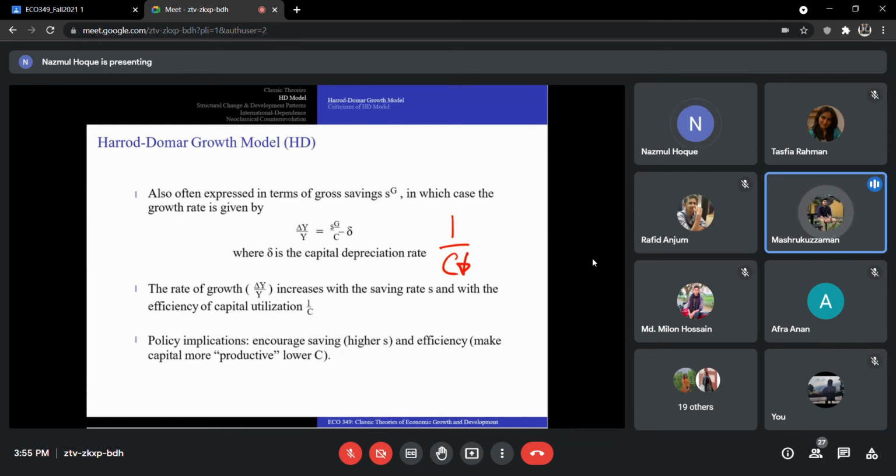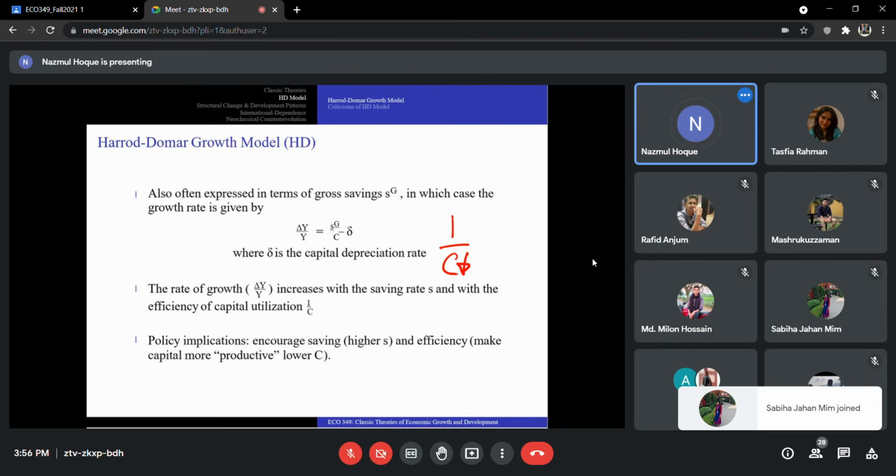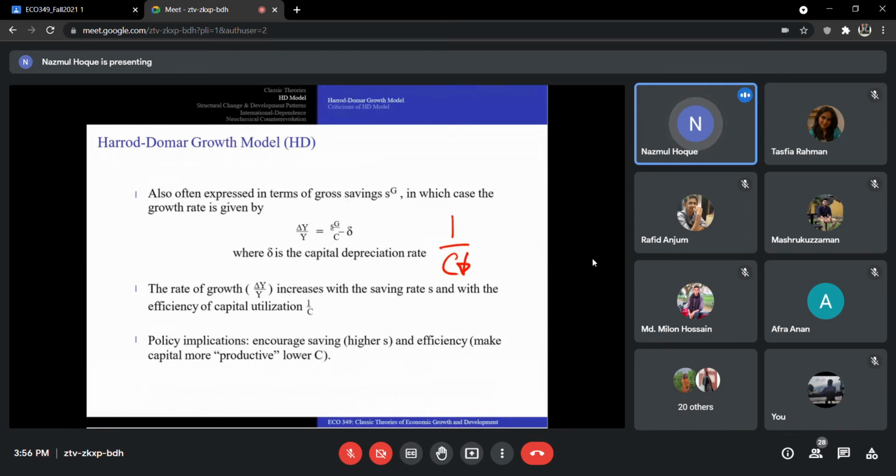Well, sir, he asked if the depreciation rate is negative, then would it mean a higher amount of gross savings? You cannot really have negative depreciation, okay? Because it's the loss of value that you have in your capital equipment when you use it.